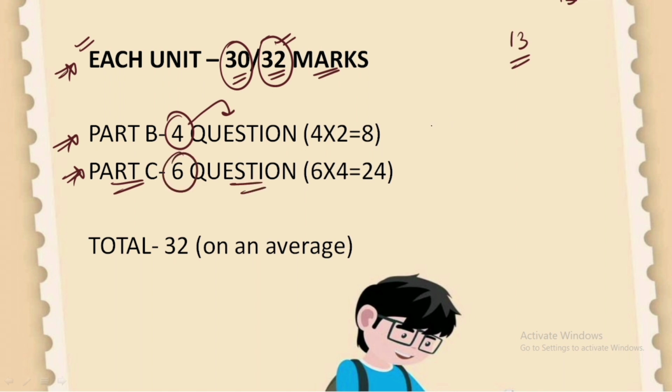Part B has 2 markers, so in total we get 8 marks from part B, and 4 markers in part C, so in total we get 24 marks in part C from every unit. So on an average we have 32 marks from every unit to score from.